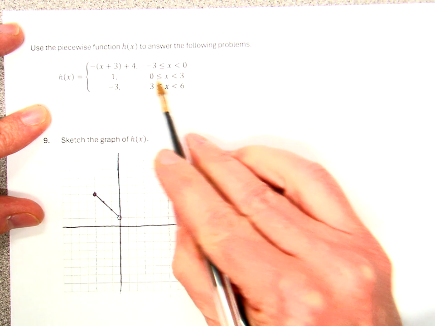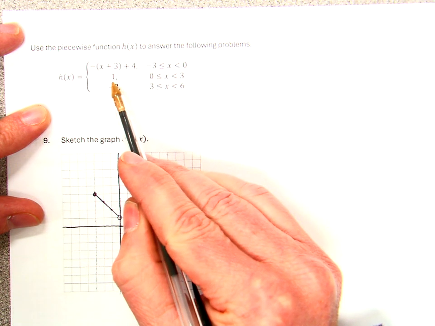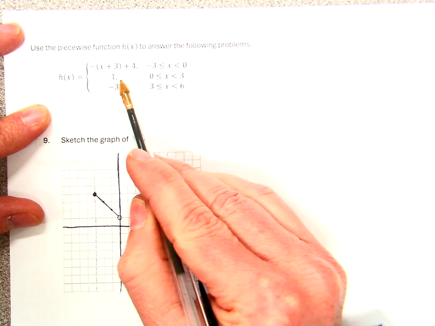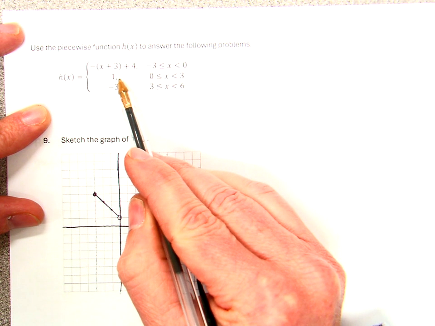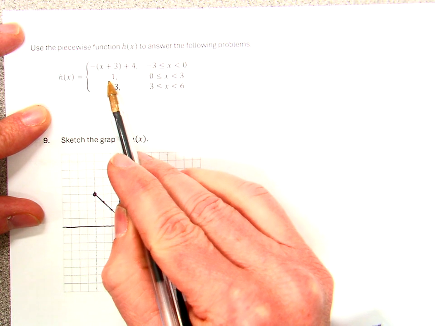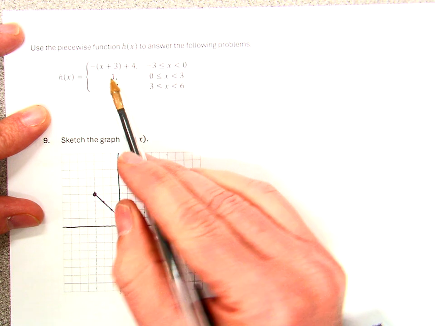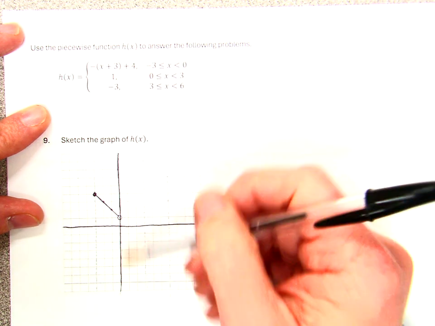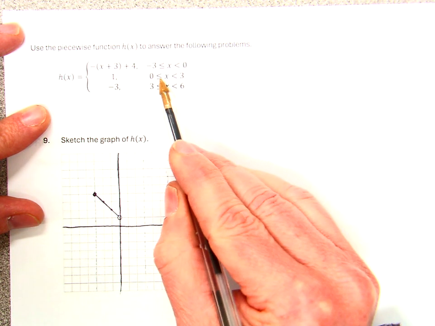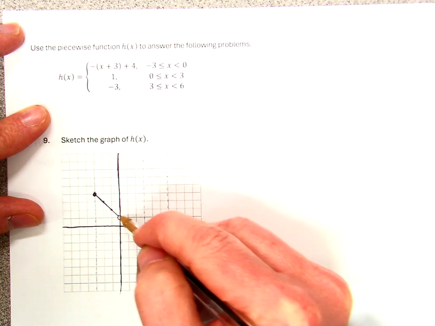Okay. From 0 to 3, which is this next segment, it's just 1. So there's no x, right? This is just like y equals 1. If we remember, y equals 1 is a horizontal line going through the y value of 1. So starting at 0, the y value is going to be 1, which is actually right here where this open dot is.